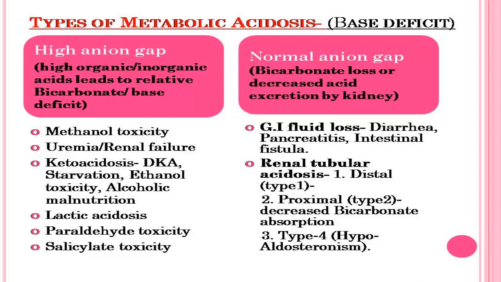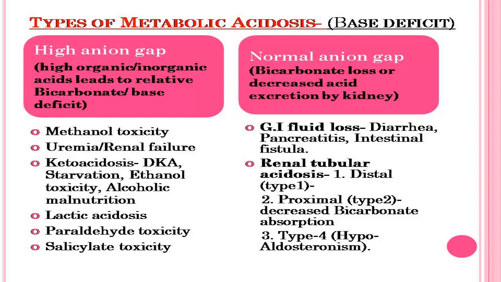And in case of aspirin toxicity, that is the salicylate toxicity, what happens? These salicylates during the metabolic process form acid, and these acids are added to the system, leading to the bicarbonate or base deficit. All this leads to the high anion gap metabolic acidosis.